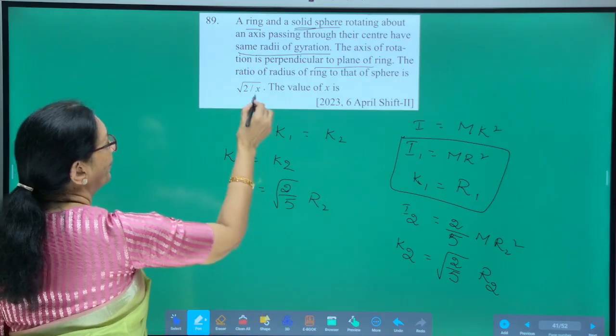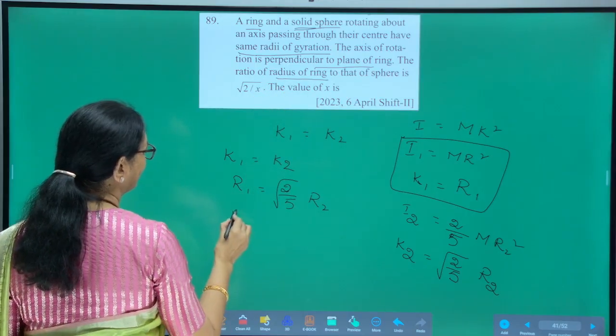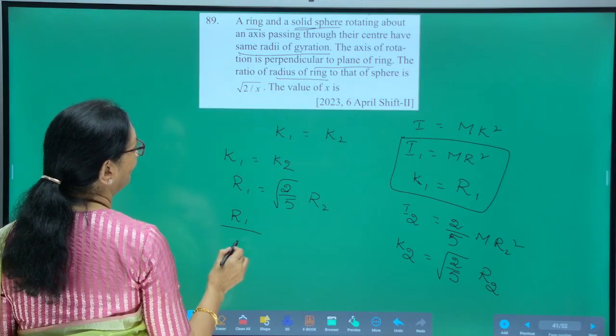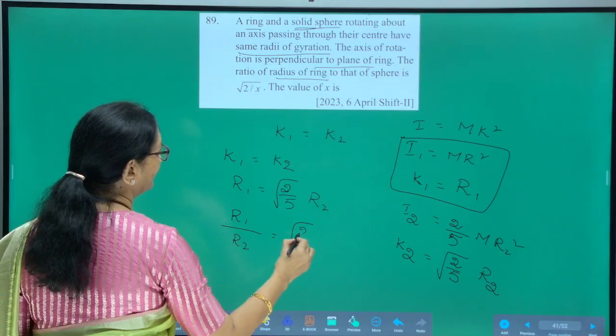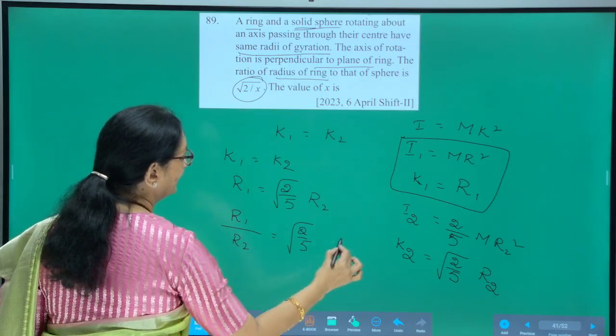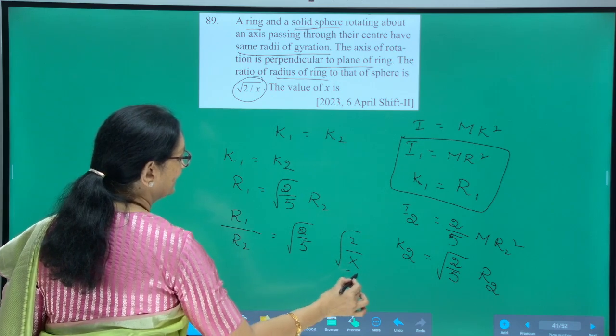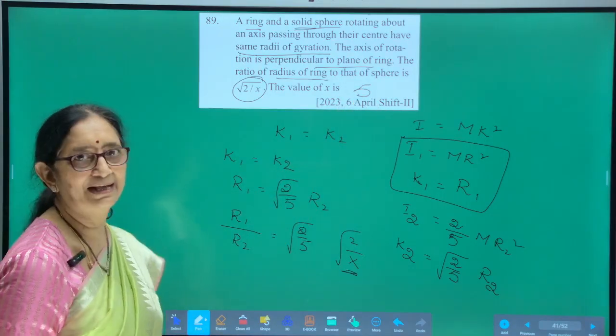R2. So, what is asked here? The ratio of radius of the ring R1 by R2, radius of the sphere, that is equal to 2 by 5 under root, but it is given as root of 2 by x. So, in place of x we have 5, that is the answer.